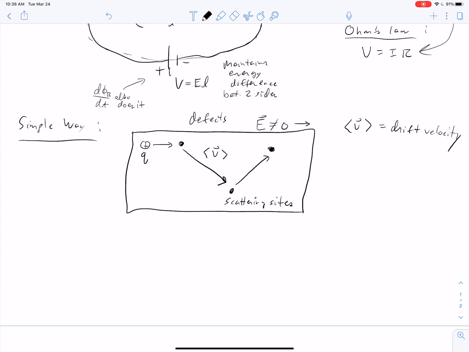To understand the relationship between J and E, let's take a closer look at this drift velocity and what it implies.